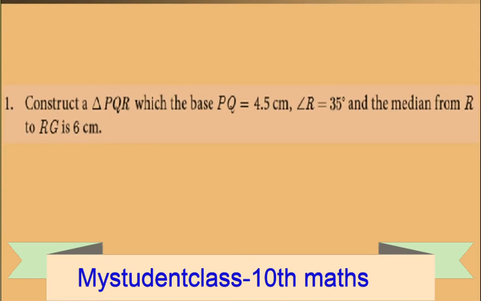So they have given the base value PQ as 4.5, the angle R as 35 degrees, and the median value from R to RG as 6 centimeter. Now we see how to construct this triangle.